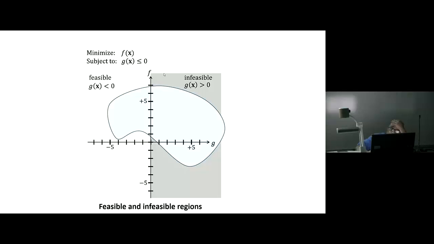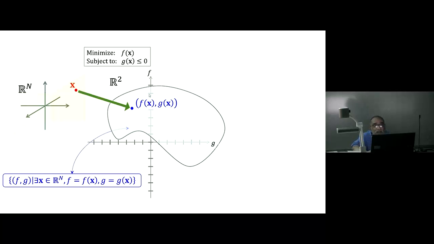Now, this is the g-axis, this is the f-axis. I forgot to tell you one thing. This is the objective function, the y-axis. So we are trying to minimize the objective function f, right? So we want to go downwards. And this x-axis is g. The y-axis is the objective function.